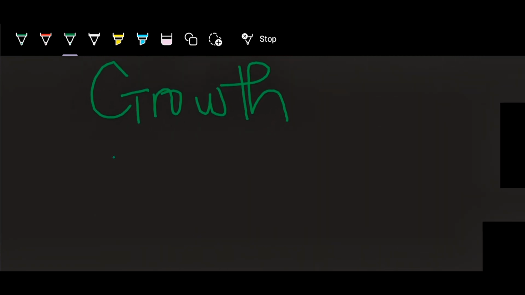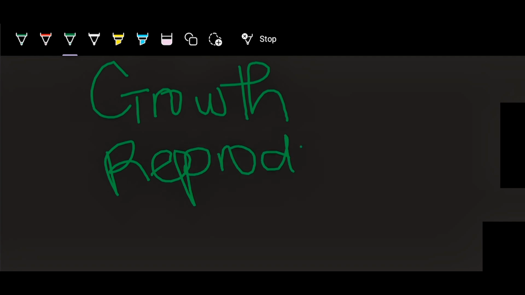Then we have the R, which stands for reproduction. Reproduction is the process by which organisms generate new individuals of the same kind as themselves.